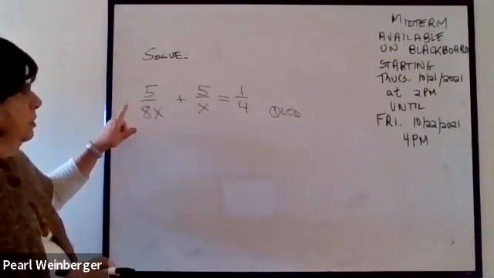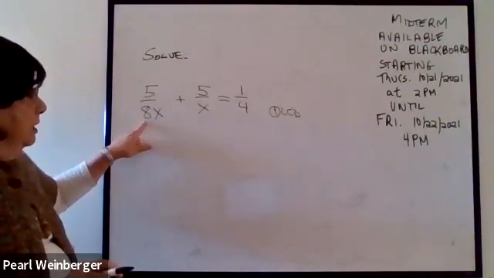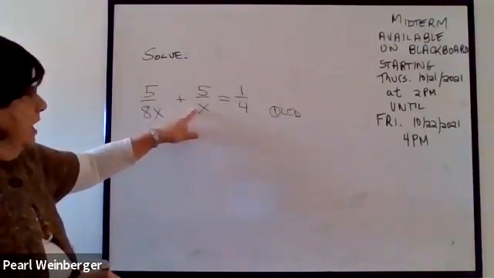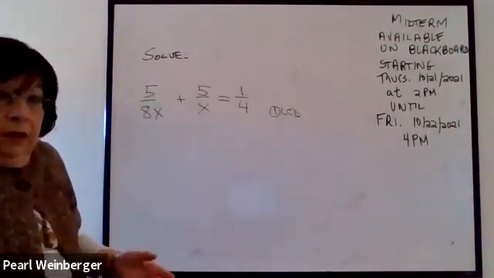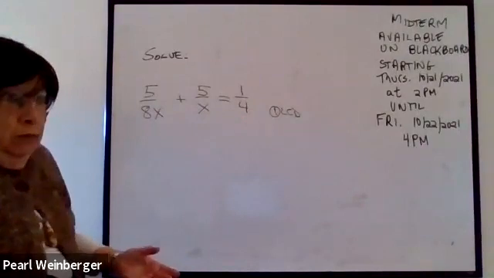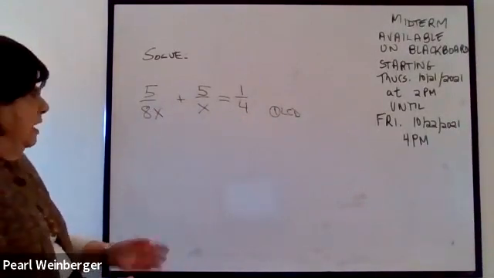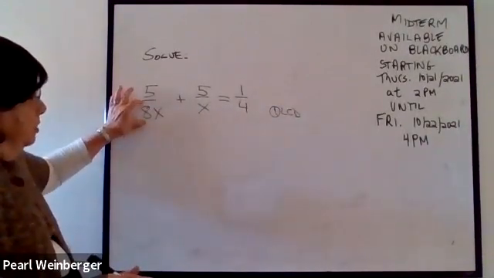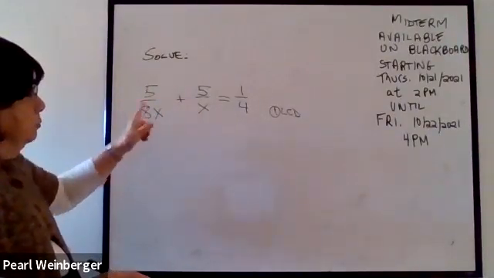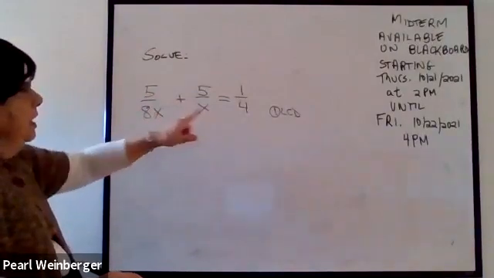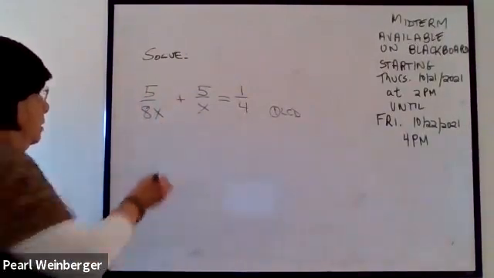So if I look at the numbers, I have an 8, and here it's obviously a 1 and a 4. The common denominator of those three numbers is obviously 8. Remember what I told you, take the biggest denominator and see if the others divide evenly into it. And 1 divides into 8 and 4 divides into 8.